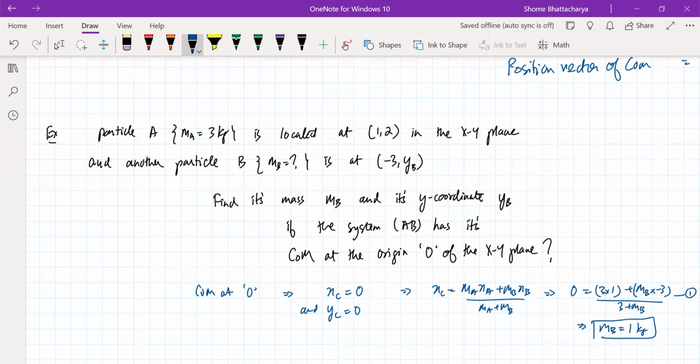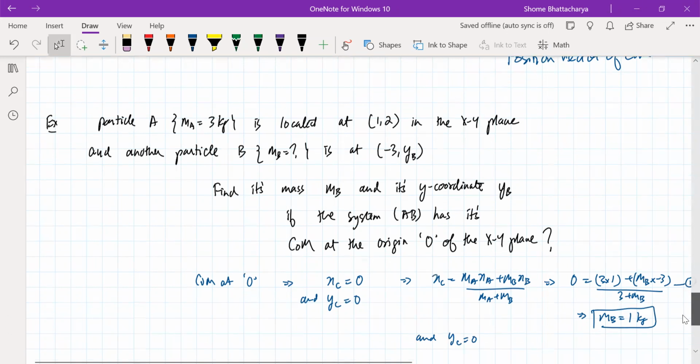Along with that, because y coordinate of the center of mass is 0, that will give us a second equation now from which we'll get the y coordinate of b.